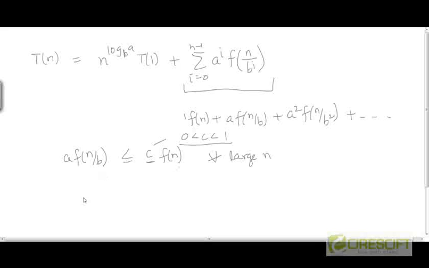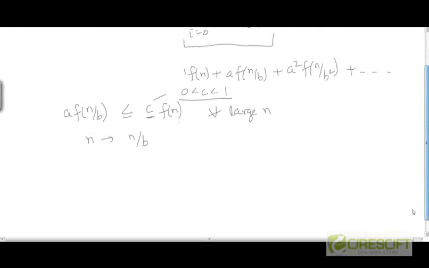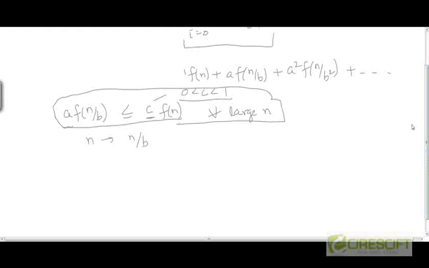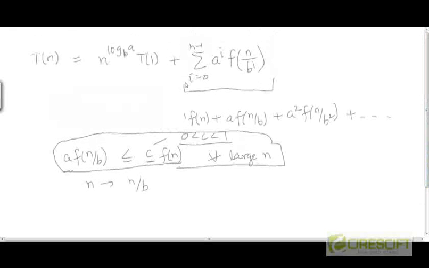How do we show that? Suppose we replace n by n by b on both sides. This is the assumption we are making, and I'm saying that with this assumption we can argue that we're going to get a decreasing geometric series.